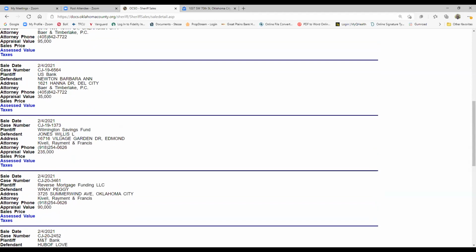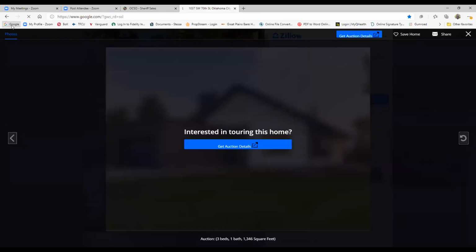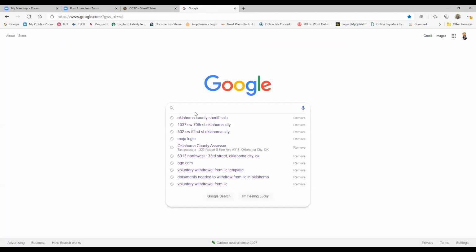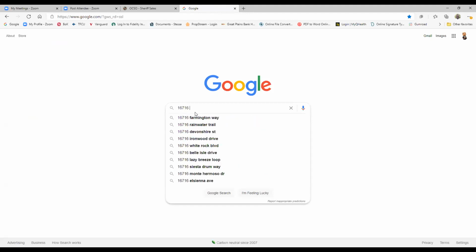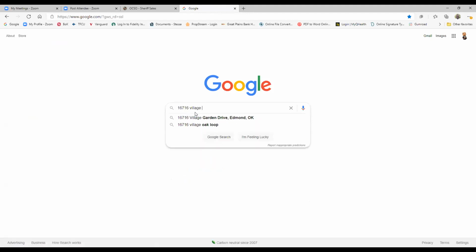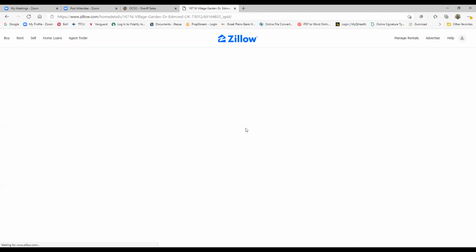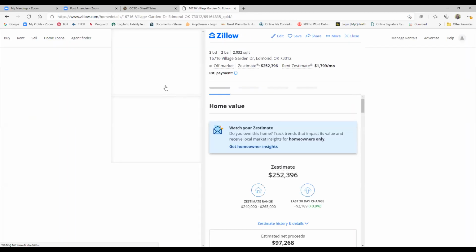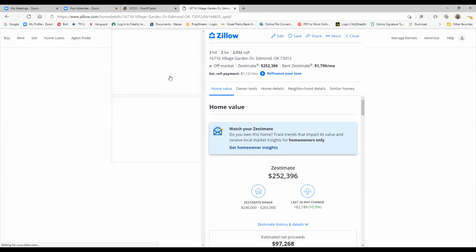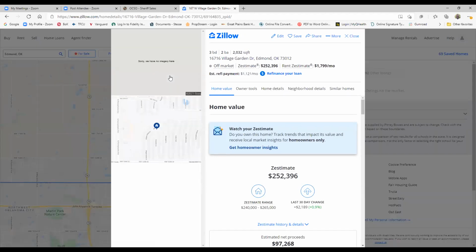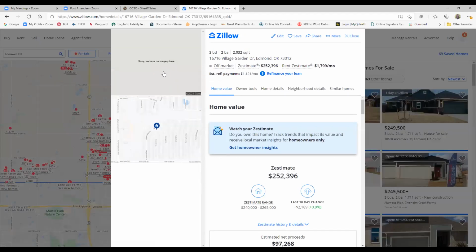So let's see another one here. This is 235. This is 16716 Village Garden Drive in Edmond. It's probably a nice home. See here, it's worth 252. It's got no picture.